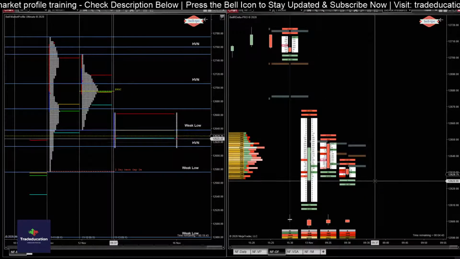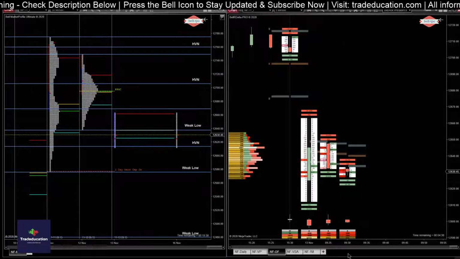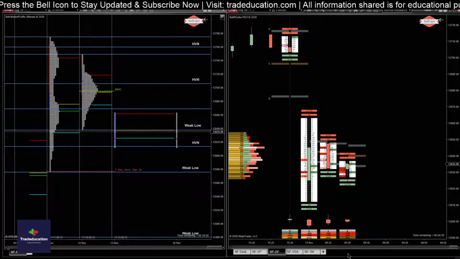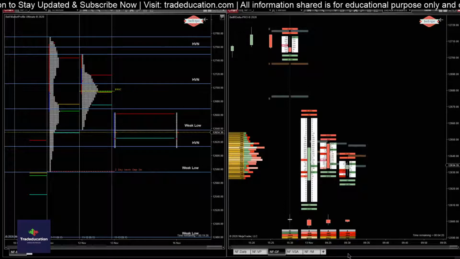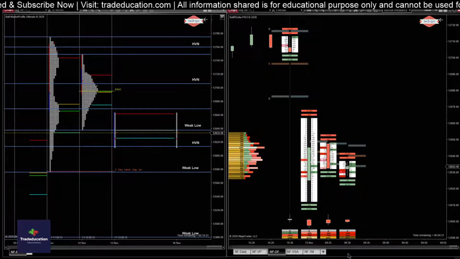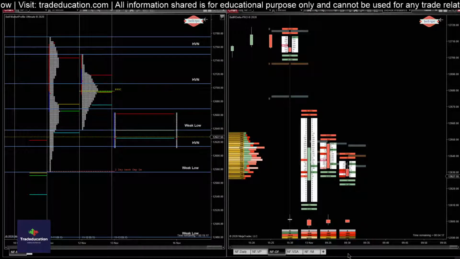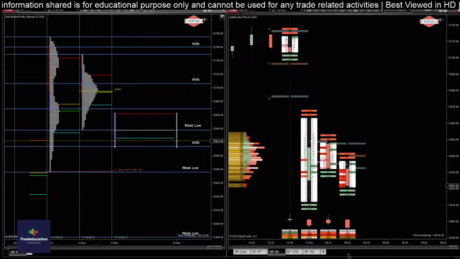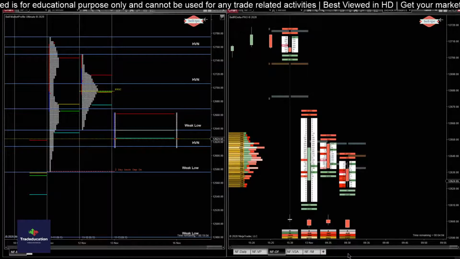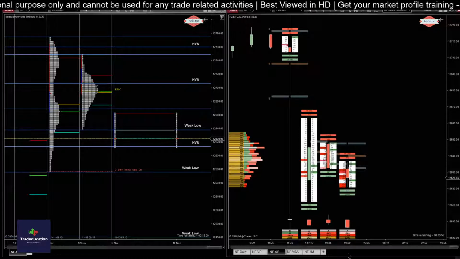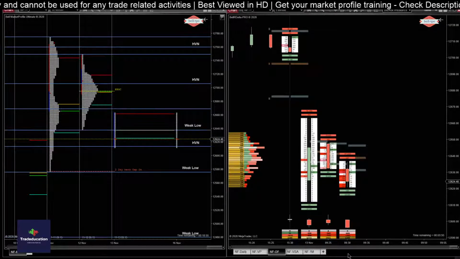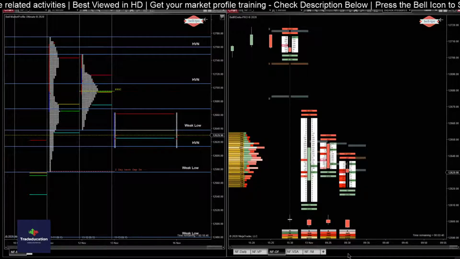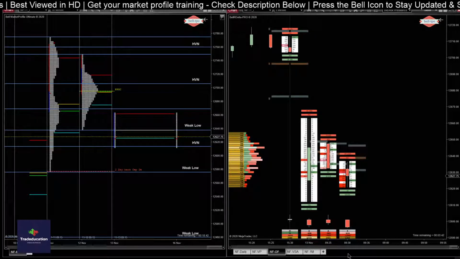Yeah, so now we should see some continuation to the downside because there is negative pressure, or bearish pressure, coming in. So what is stopping the low from being tagged is what I'm thinking.